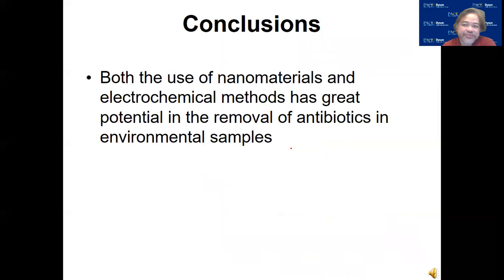So the main conclusion that I have here is that both the use of nanomaterials and electrochemical methods has great potential in the removal of antibiotics in environmental samples. Maybe my challenge to you is how are you going to make this into a large scale method? Because what we did is just beaker scale.